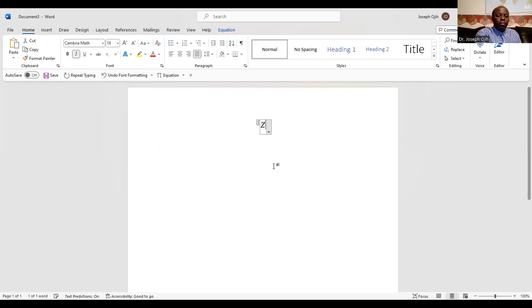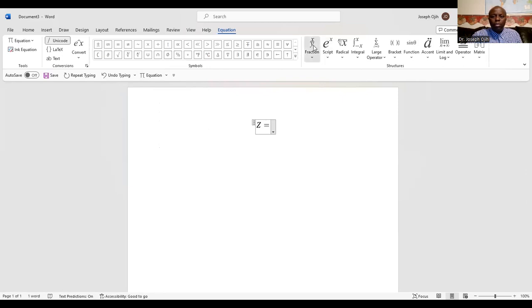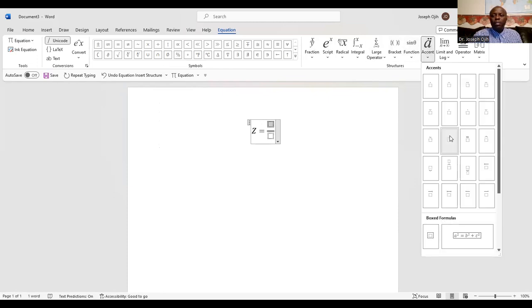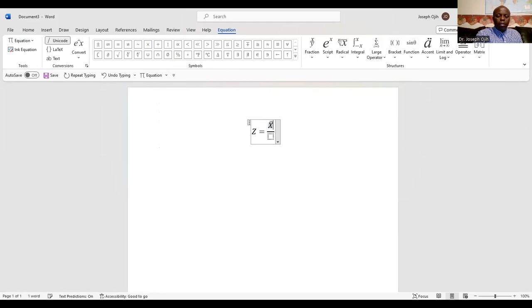So the formula is z equals X bar minus mean, and our mean is given by this number here, divided by standard deviation, which is right here, over the square root of n. That's the formula we use.